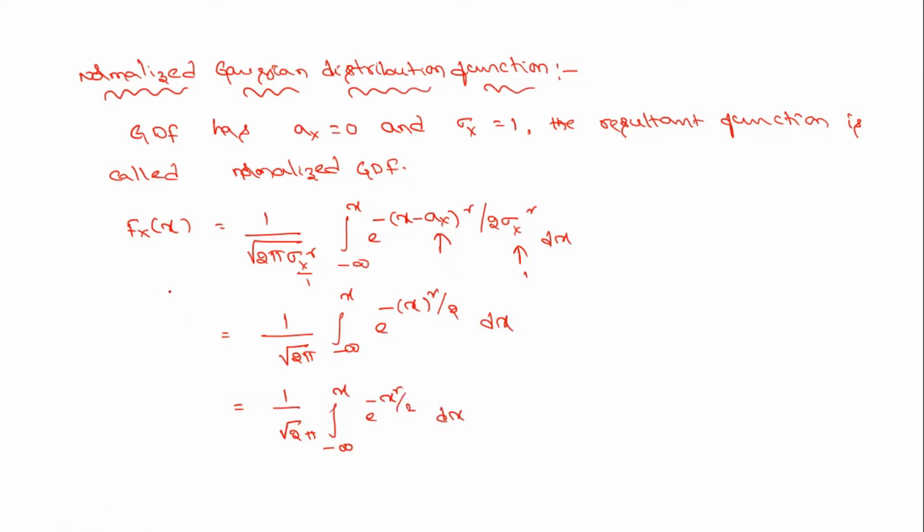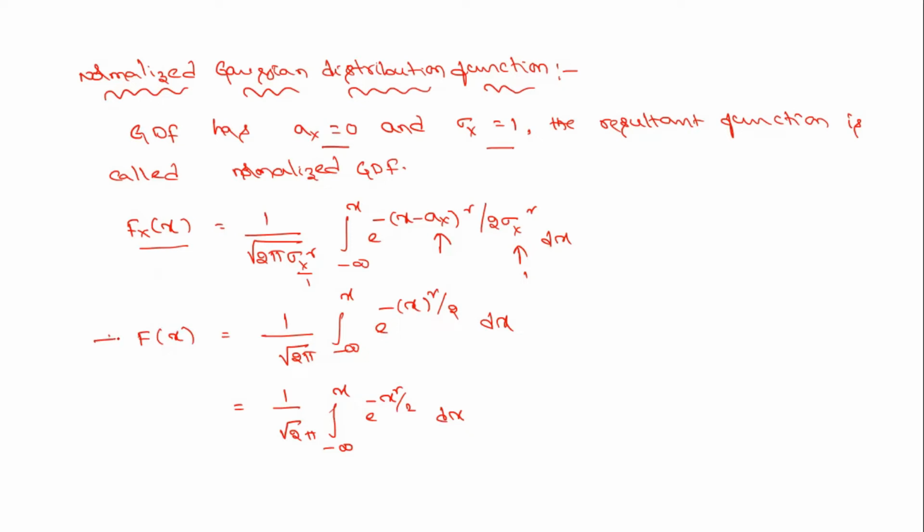But here I am going to make some small modification. This is Gaussian distribution function. Now I am taking the conditions of ax is equal to 0 and sigma x is equal to 1 in this Gaussian distribution function. So the resultant one is taken as normalized Gaussian distribution function, which is represented as f of x.